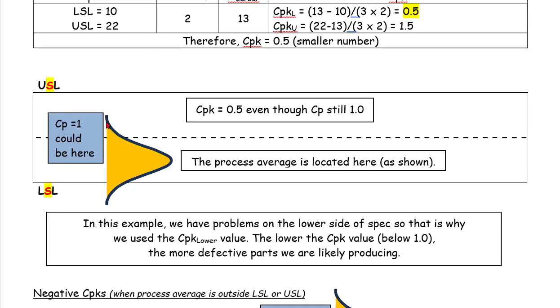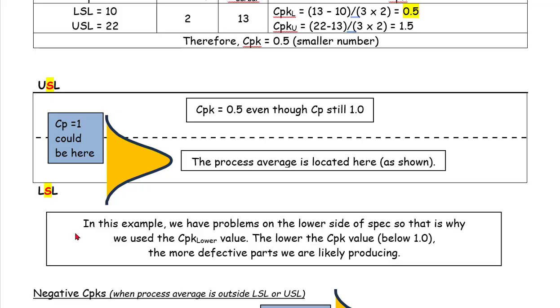In this case, our CP equals 1 because this distance is the same as this distance, but the CPK is 0.5 even though CP is still 1. The process average is located here as shown. In this example, we have problems on the lower side of the spec, so that is why we use the CPK lower value.